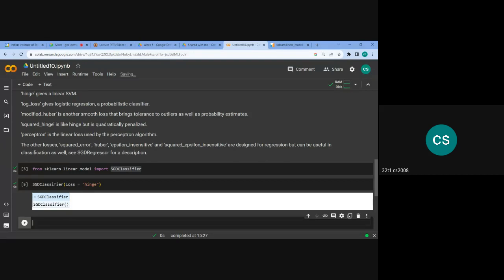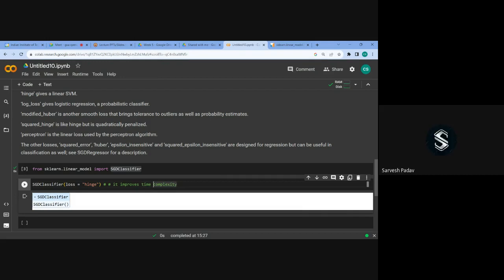But if you use SGD classifier with loss hinge, which is SVM, it will take less time than that. It improves, what do you say, time complexity or something like that.